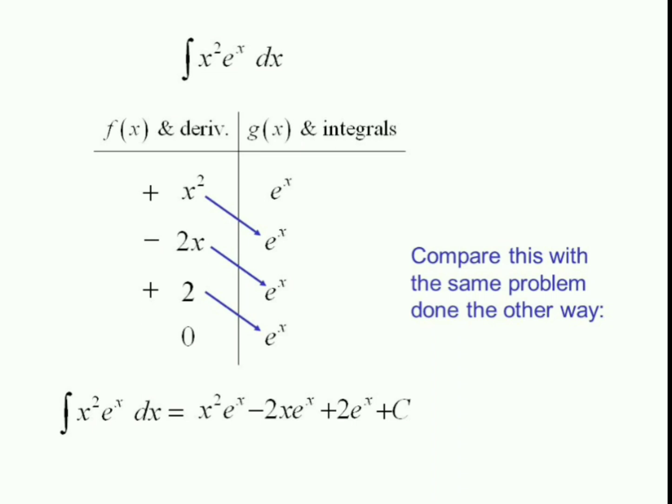Then the third row of the f(x), which is positive 2, times the fourth row of the g(x), which is e raised to x, so 2e^x, then plus c.